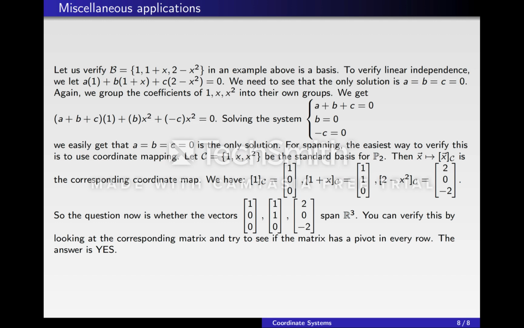Sorry, that's another typo. It shouldn't be minus 2, it should be 2, 0, minus 1. So the question now is whether the vectors 1, 0, 0, 1, 1, 0, and 2, 0, minus 1 span R3. Remember, we are interested in whether the vectors 1, 1 plus x, 2 minus x squared span P2.